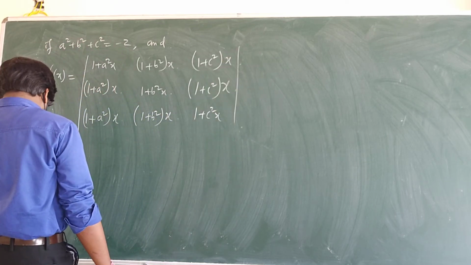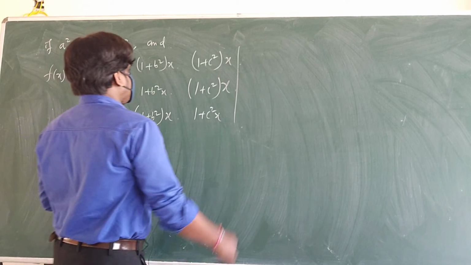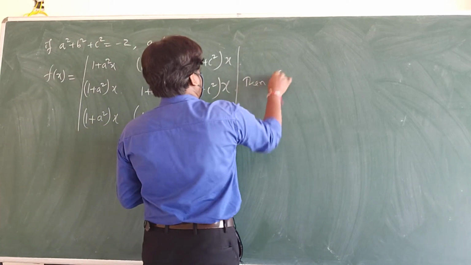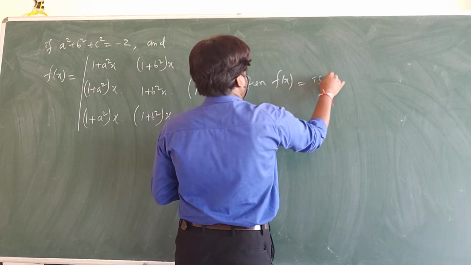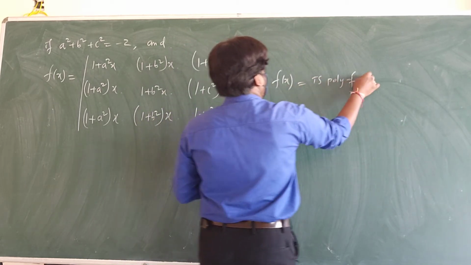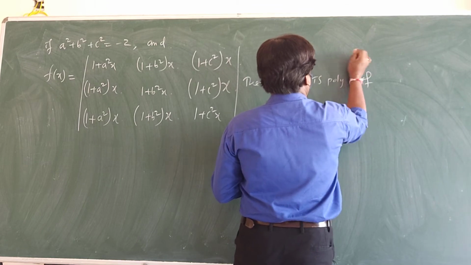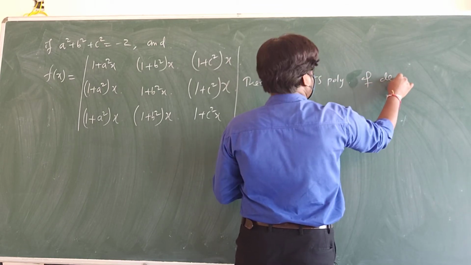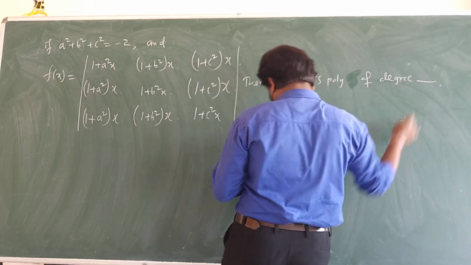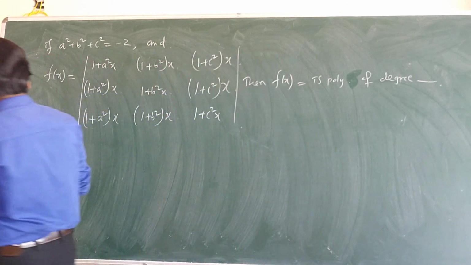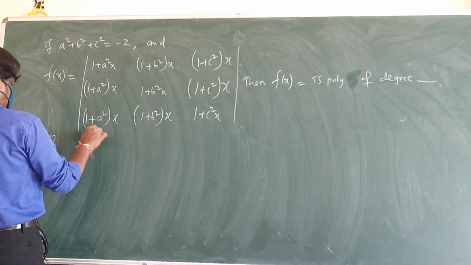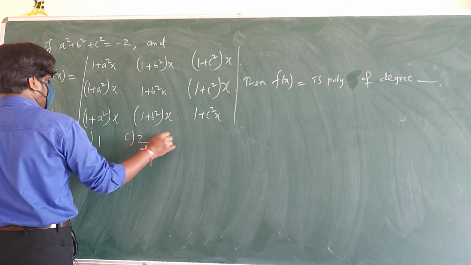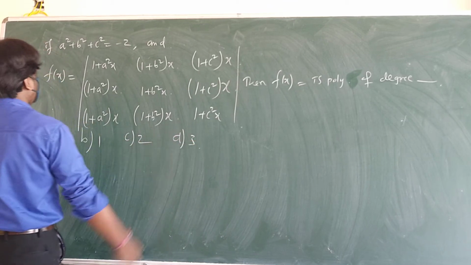I'll check it once again. Yes, then f of x is a polynomial of degree dash. Option A 0, option B 1, option C 2, option D 3.